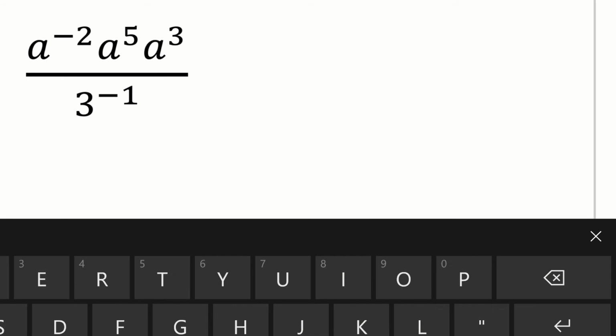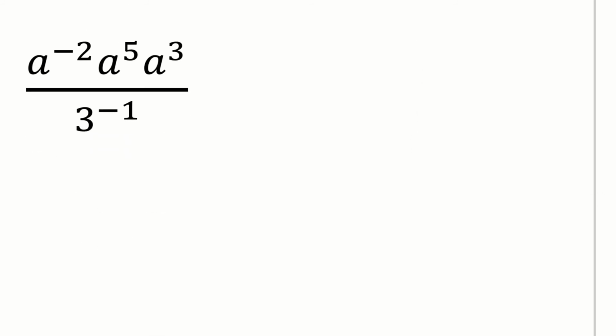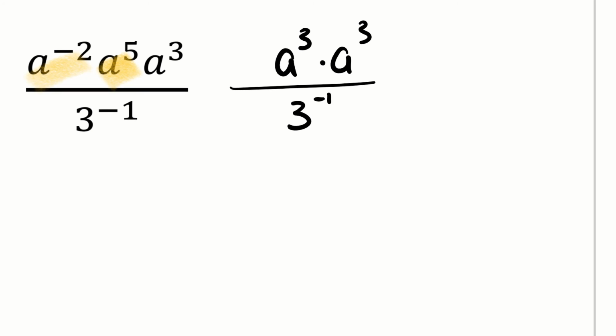If I multiply a to the negative second times a to the second, this times this, I'm going to get a to the 3rd power times another a to the 3rd power, right? And then over 3 to the negative 1st.